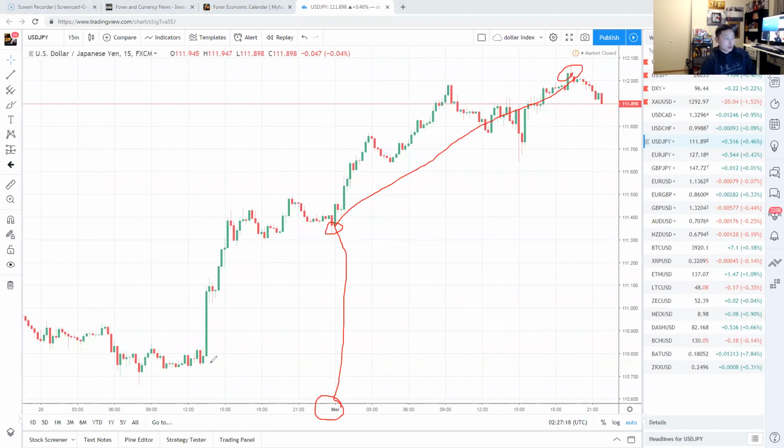And you can see that Thursday, it got shot all the way down here to 110.7 and went all the way up to 112. So you're talking about a 130 pip gain here, from Thursday up until the end of Friday, that very last hour where it shot above 112.